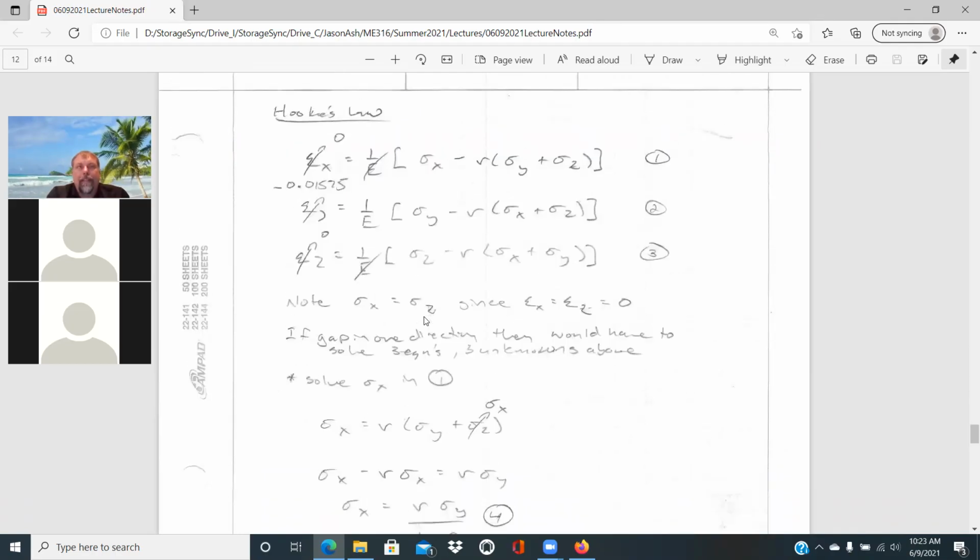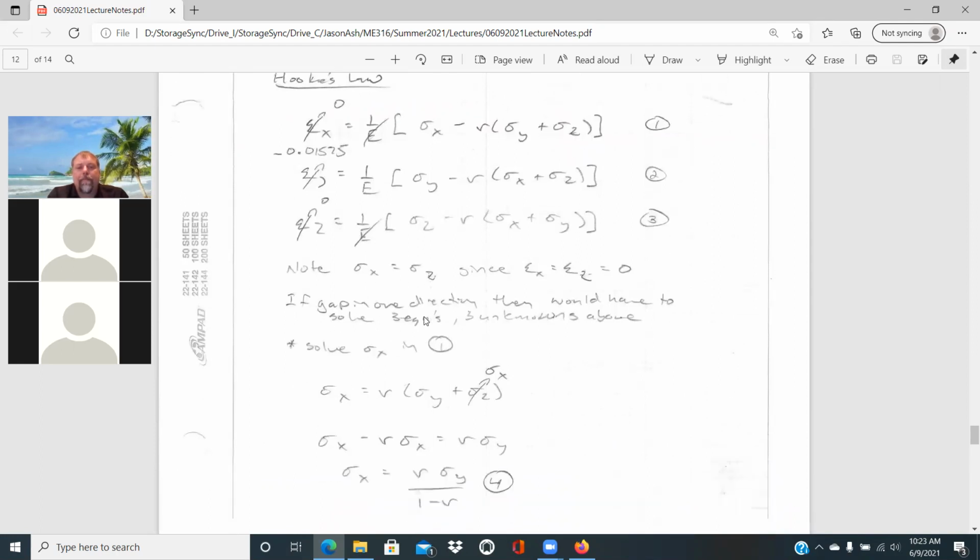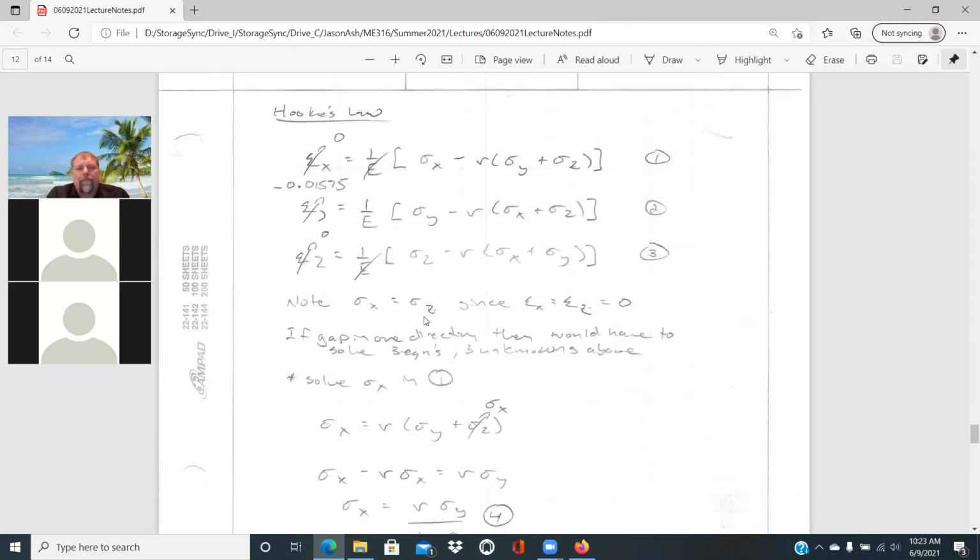With seeing the symmetry in this, we know that sigma x is going to be equal to sigma z. And so we proceed on solving equation 1 up there, solving for sigma x. We'd have sigma x is equal to nu times sigma y plus sigma z, which we're defining as sigma x, stating that they're equal to one another.